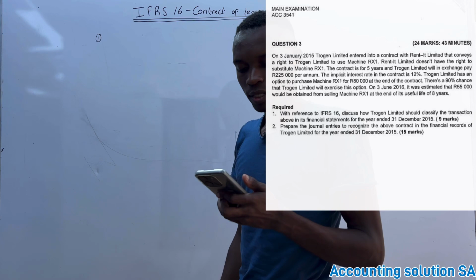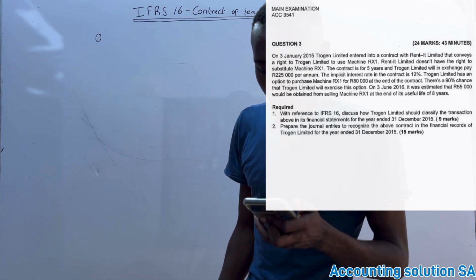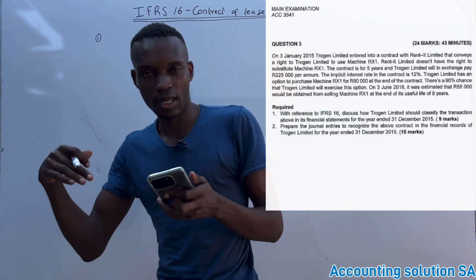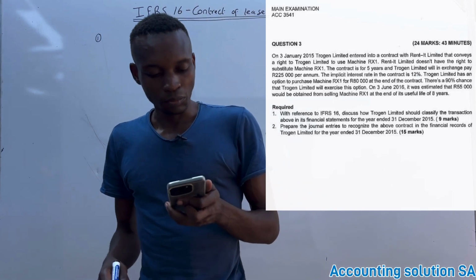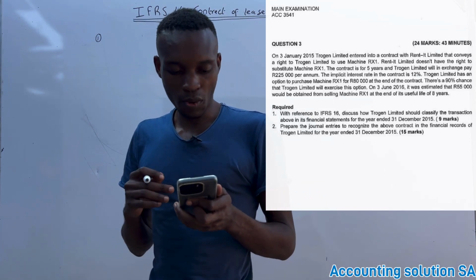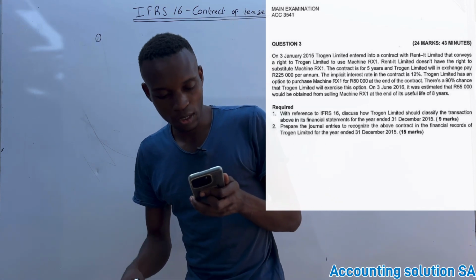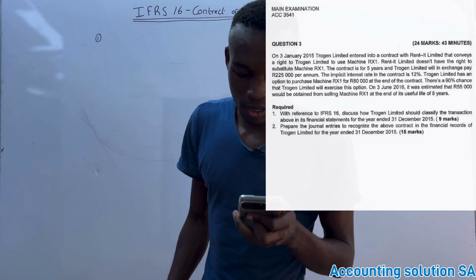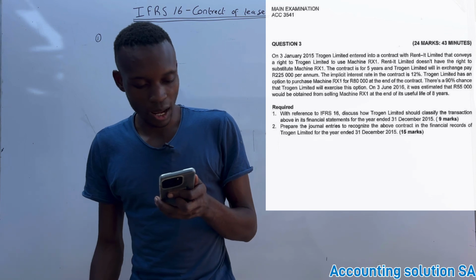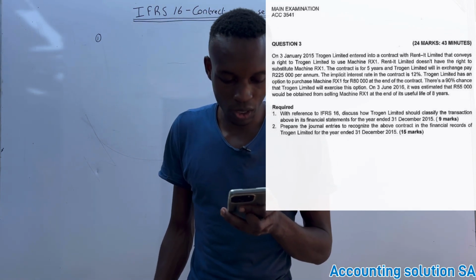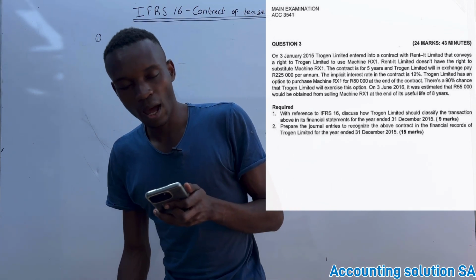Okay, number 1, they said that we have to discuss how we should classify this transaction that we are going to read. Okay, they said that on 3 January 2015, Trojan Limited entered into a contract with Rent It Limited that conveys a right to Trojan Limited to use the machine RX1.